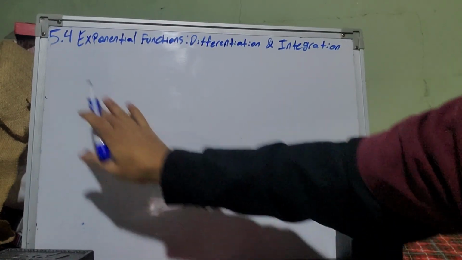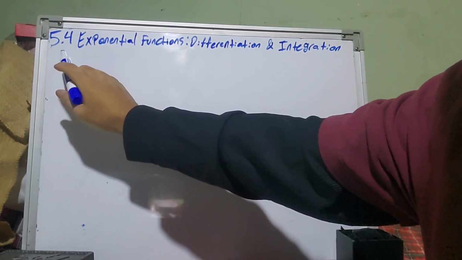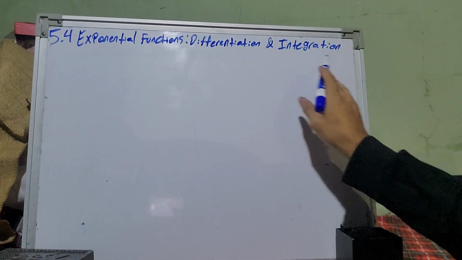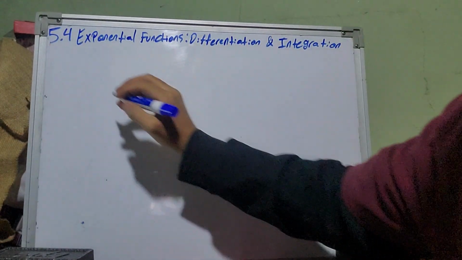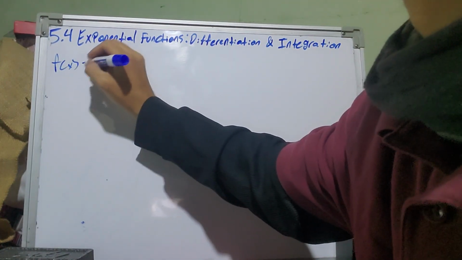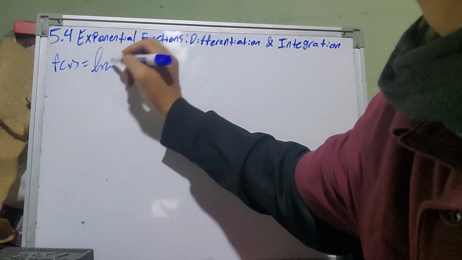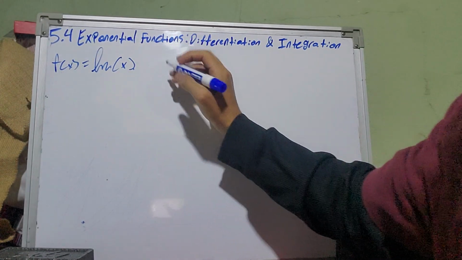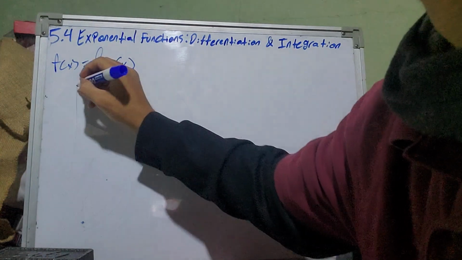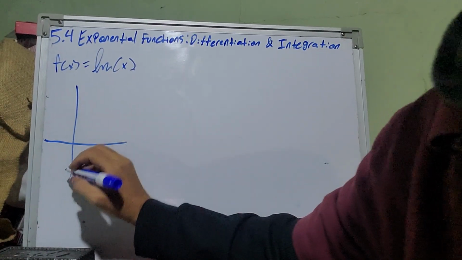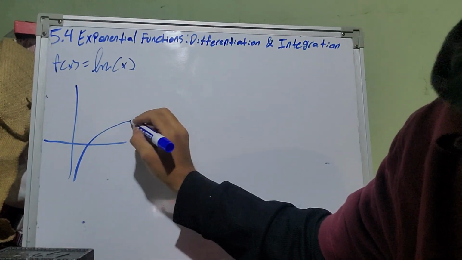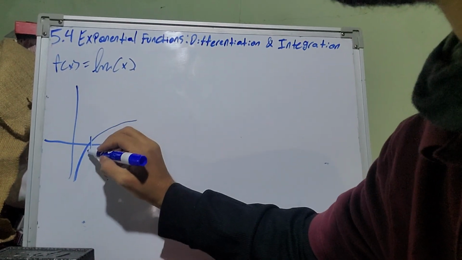In today's lesson, we're going to be going through section 5.4, exponential functions, differentiation, and integration. The function f of x is equal to ln of x, is represented on a graph as consistently moving in the positive direction.